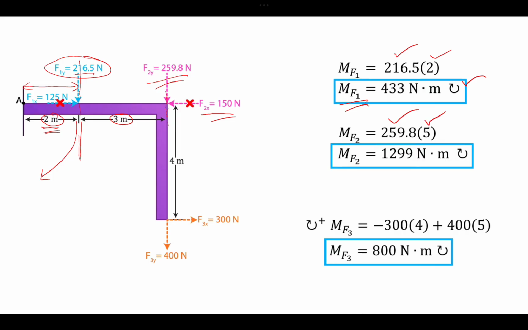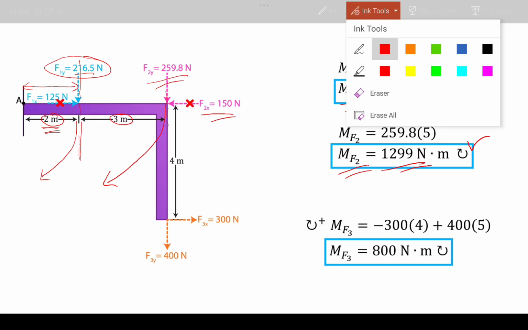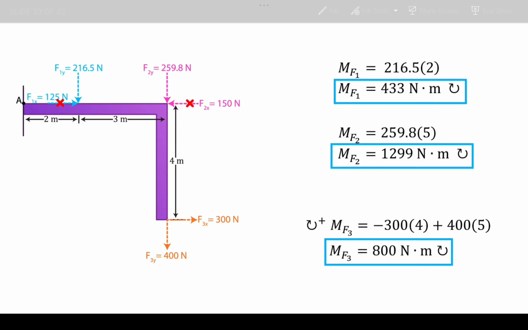So we have a 5 meter perpendicular distance, and the resulting moment of force 2 will be 1299, and it is also rotating the body in the clockwise direction, so we mention the clockwise rotation with it.